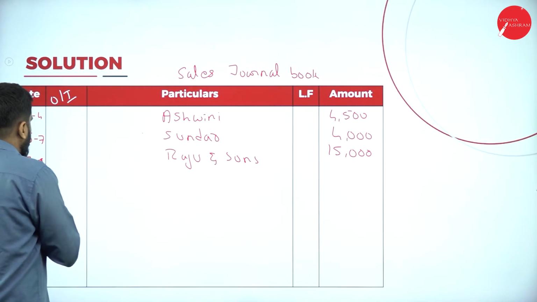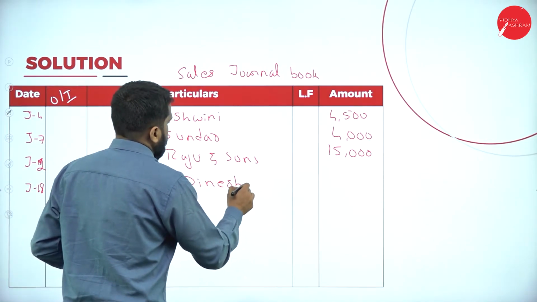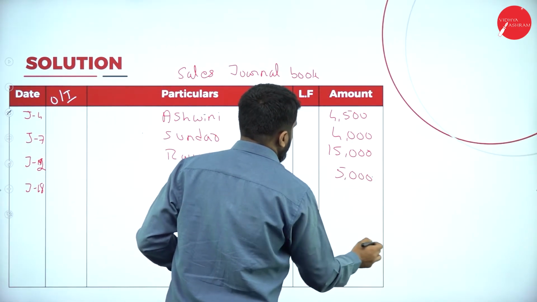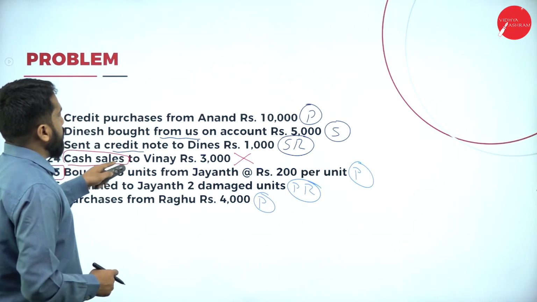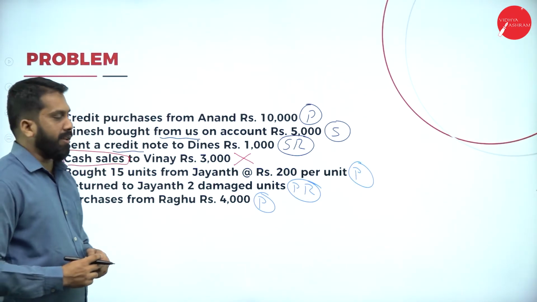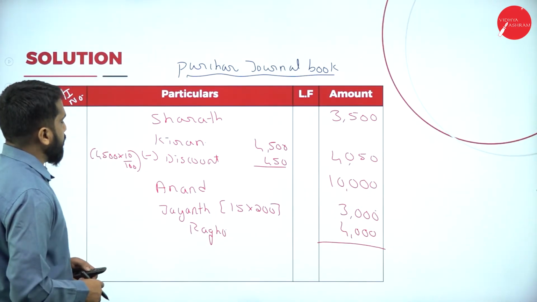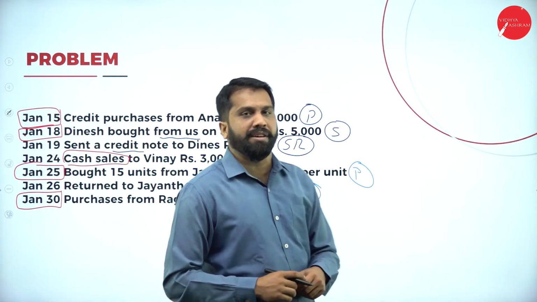January 18th, Dinesh, amount is 5,000. So I'll check the amount. Yes, the amount is 5,000. Now the purchases are done. Yes, it is done. So we have done with purchase and we done with sales.